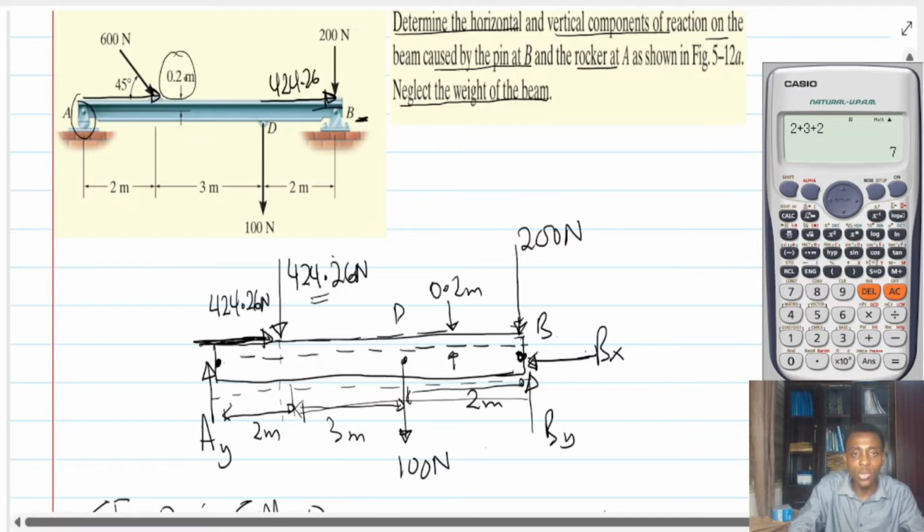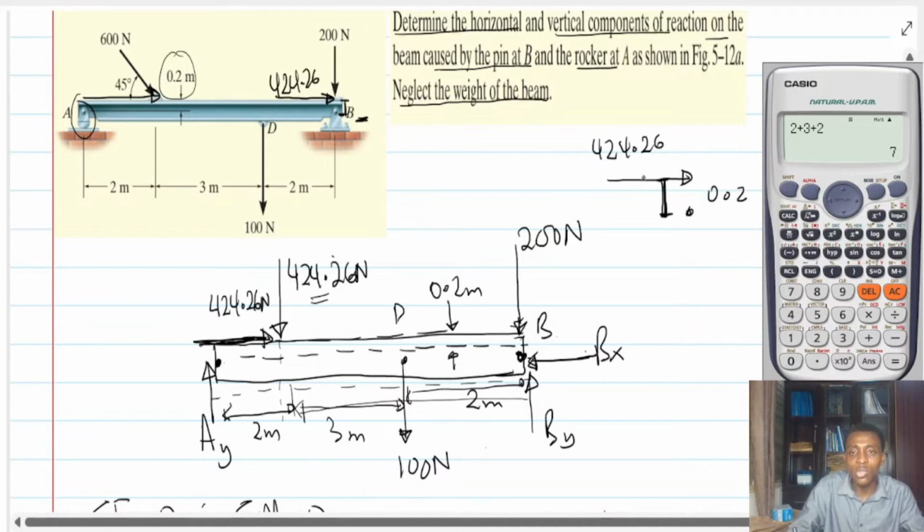This is the 0.2. In fact, this is tricky. There is this small distance, which is 0.2 here. We have 424.26, however there is this small distance over here, which is the 0.2.